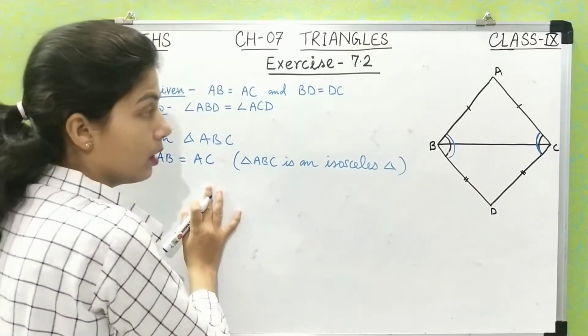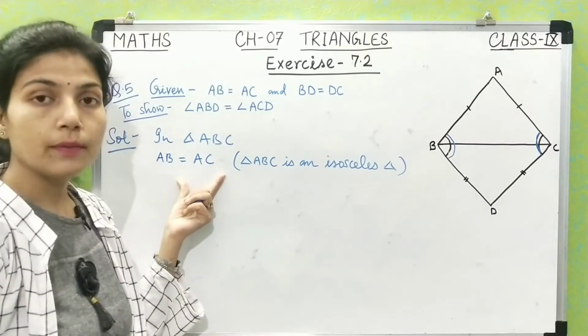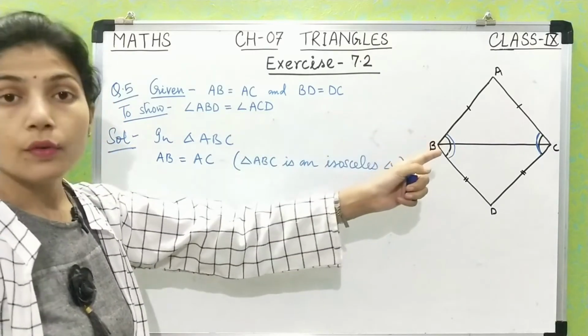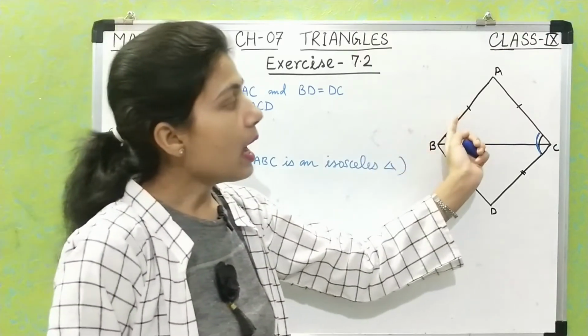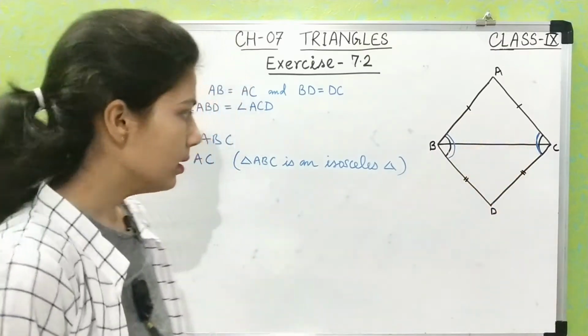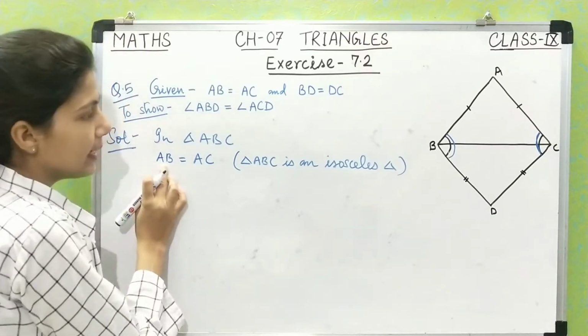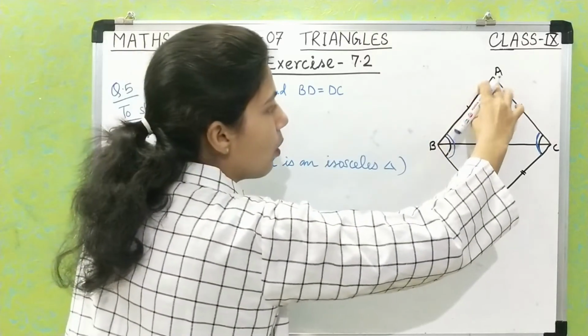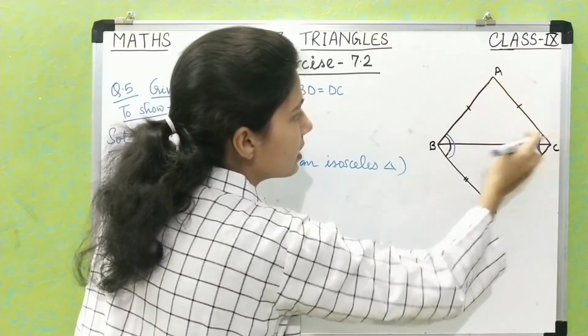Now we have read a theorem related to isosceles triangles. What is it? The angles opposite to equal sides are equal. The angle opposite to side AB in triangle ABC is angle ACB.